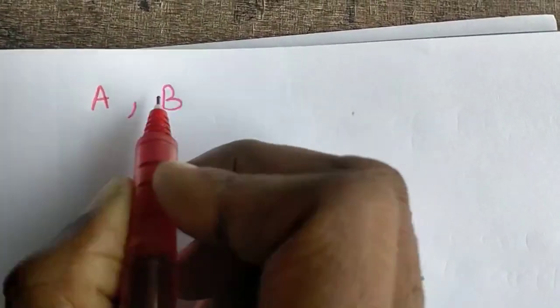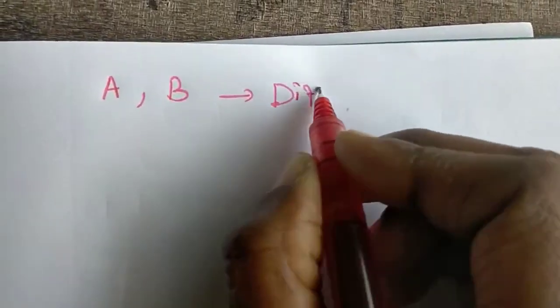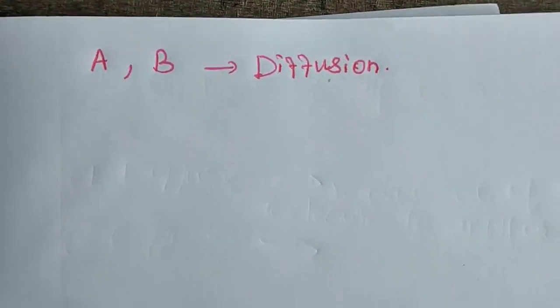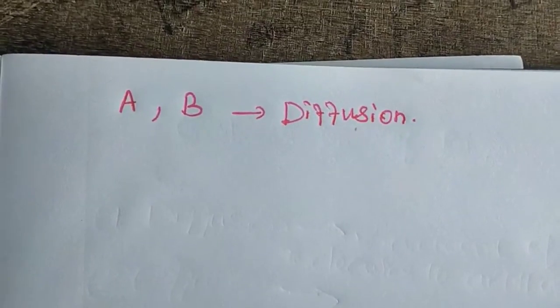In Graham's law equation for diffusion, we take two gas particles undergoing the diffusion process. So how to write this for two gases?